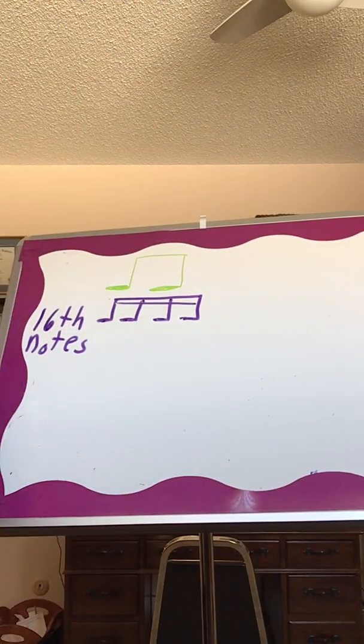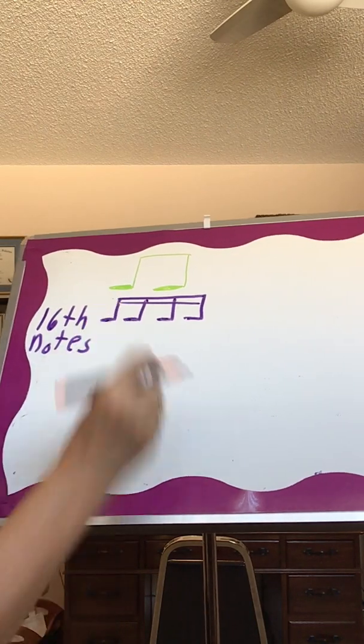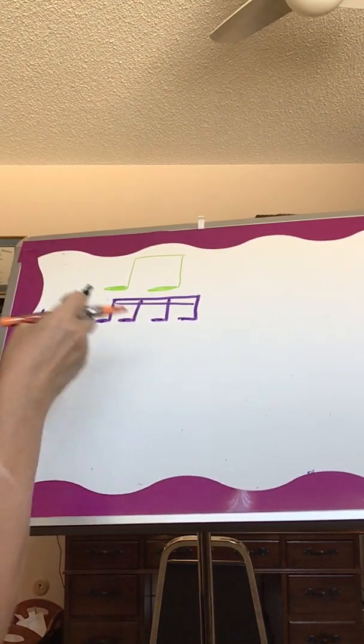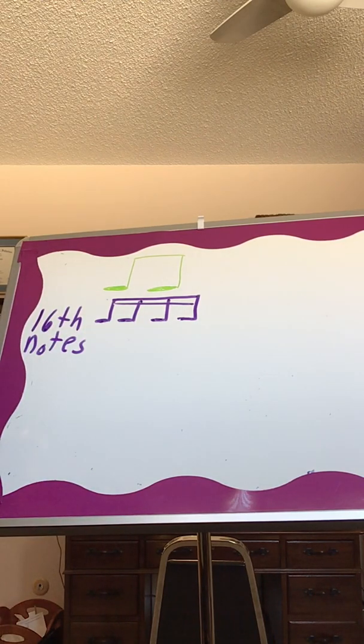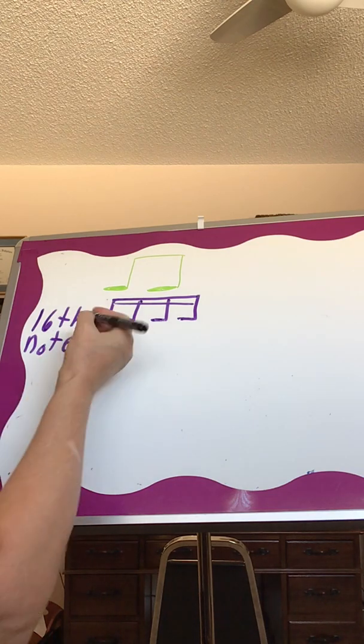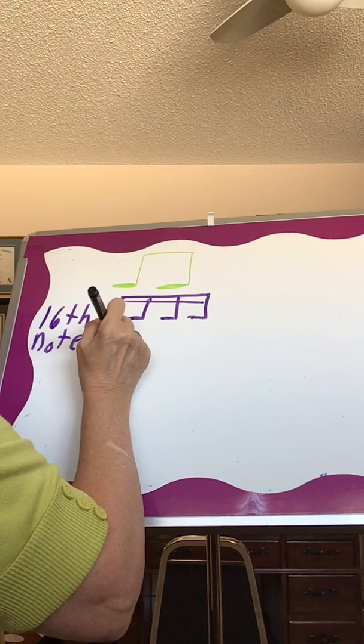So we're going to go ahead and call this the beat, because we always will start with the beat. And remember when we go, and we're going to write it down, beat.